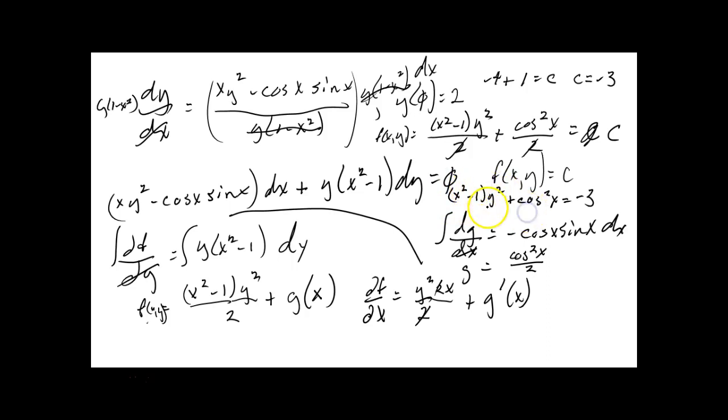Because that's positive, this thing has to be negative in order for that to add to be a minus 3. So the x squared minus 1 has to be negative, so x has to be between minus 1 and 1. It can't be greater than, it can't even be equal to 1 or minus 1. It has to be less than.